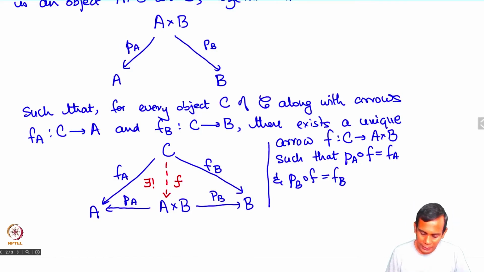It's a diagram. It has four nodes. They're labeled C, A, B, and A cross B, and it has 5 arrows: F subscript A, F subscript B, PA, and PB.